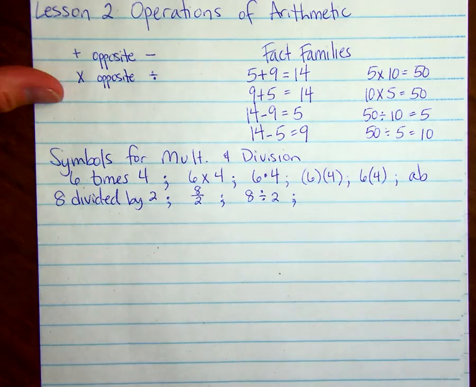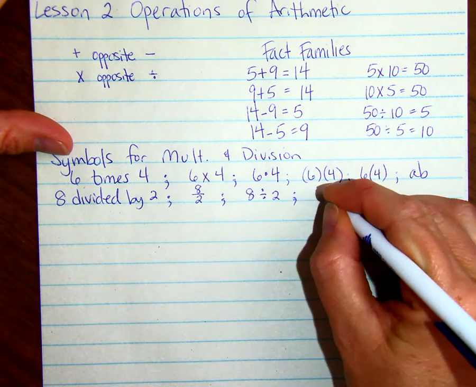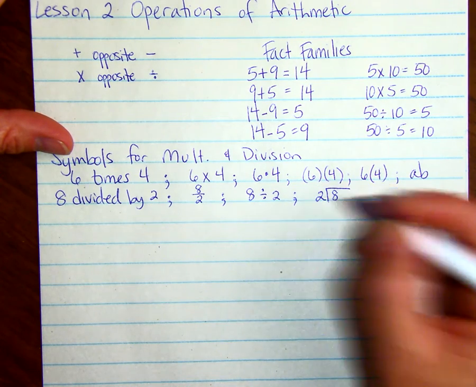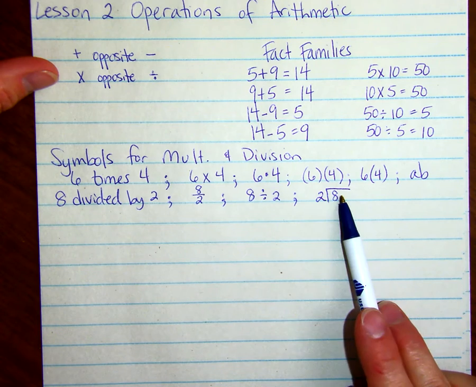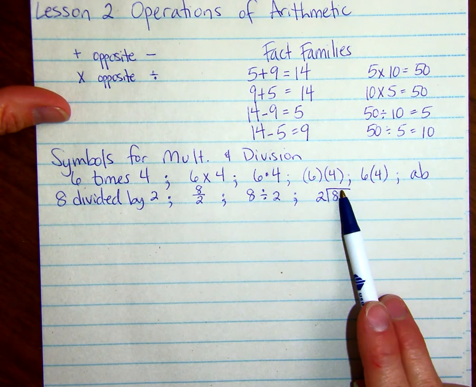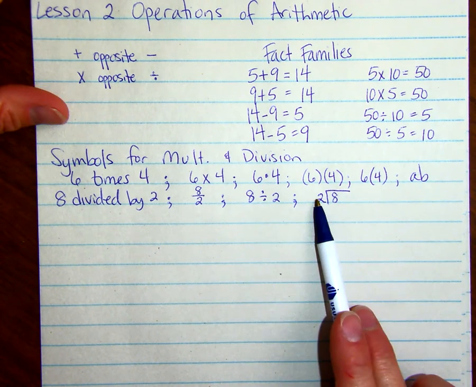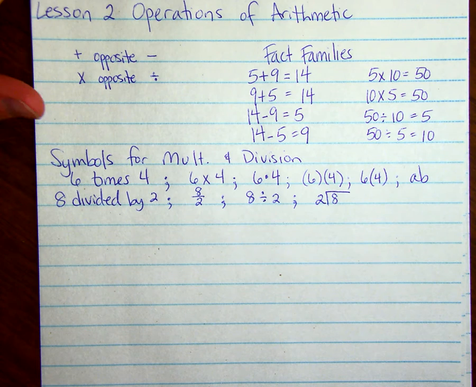Now, here's the hardest part, to go from this to this, where 8 is the dividend and 2 is the divisor. Kids get really confused because here the 8 came first, here the 8 came second. So we have to make sure that when we say 8 divided by 2, our 2 is by the box. 8 divided by 2, that means 2 is by the box. That's kind of how I remember it.